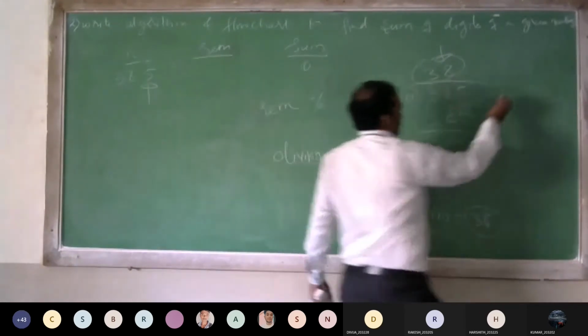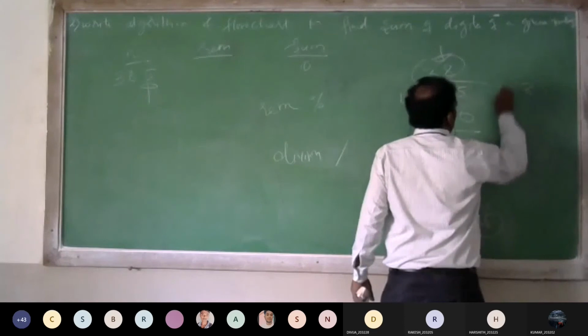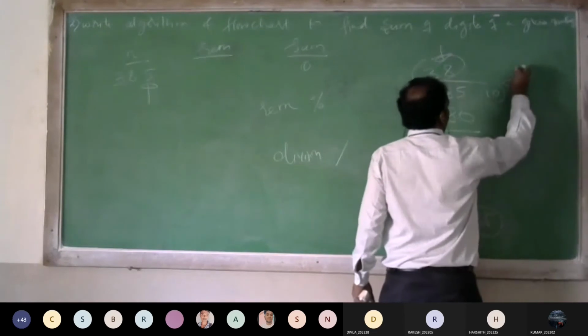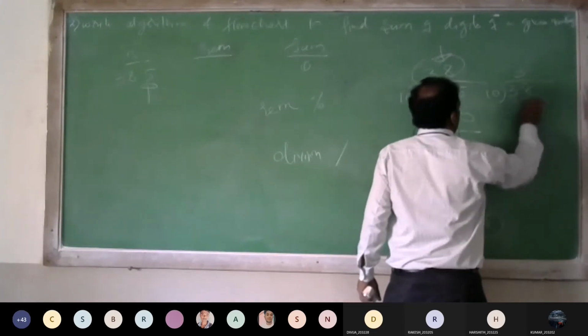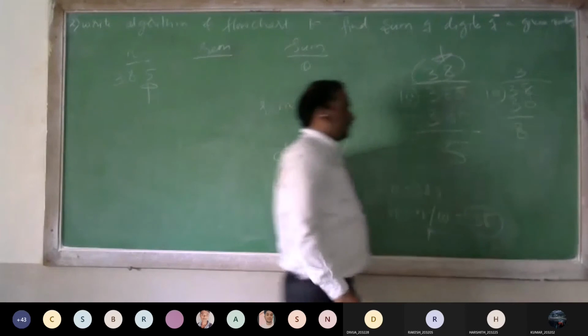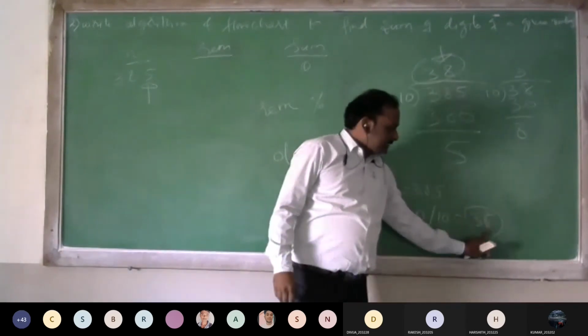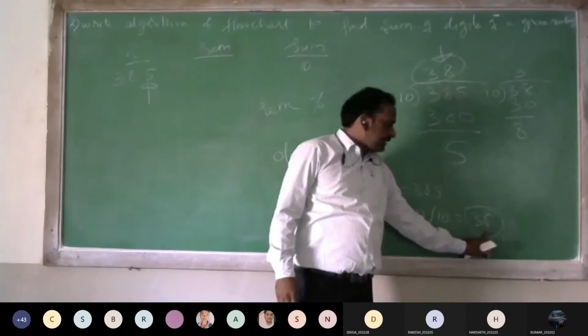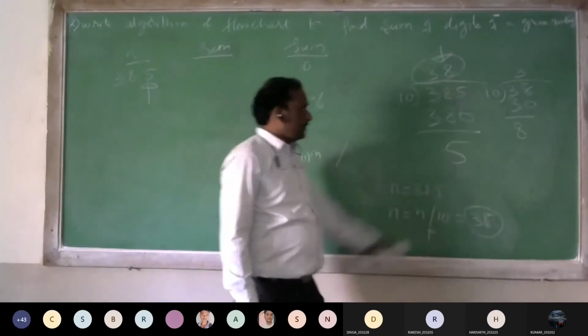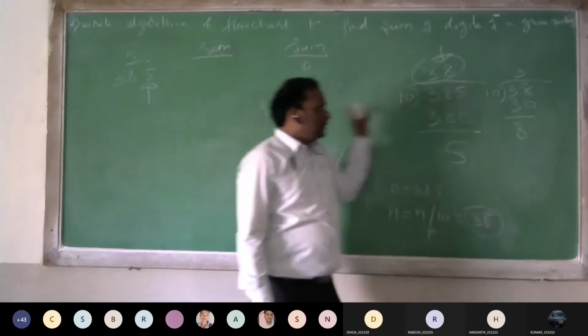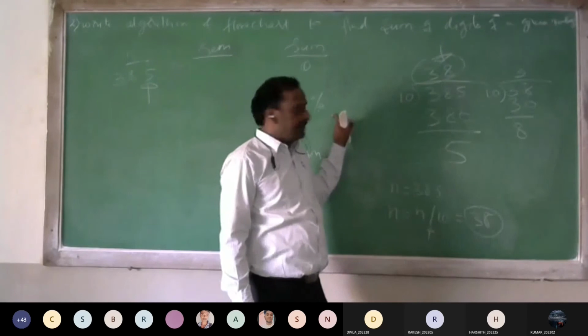Now you do this again. 38, divide by 10. The remainder is 8. That means you have extracted this digit. Now add this digit to sum.